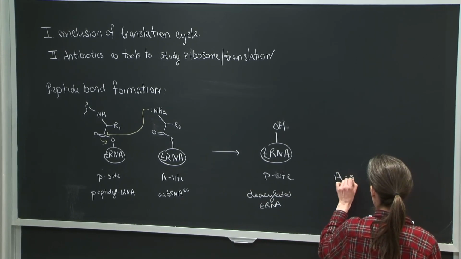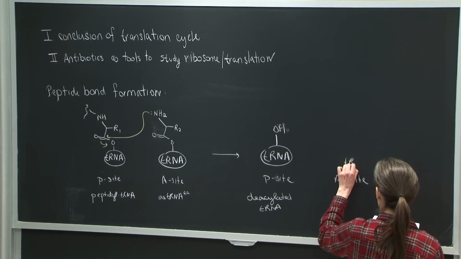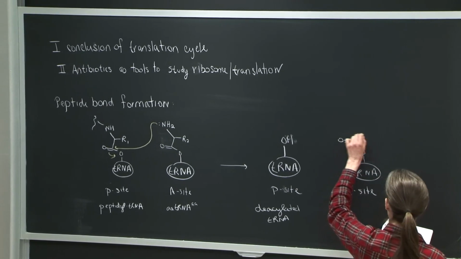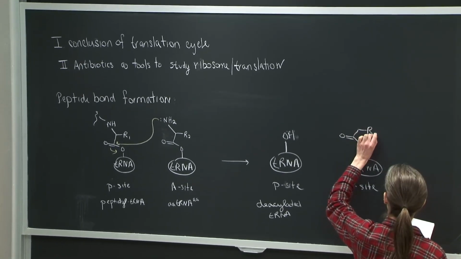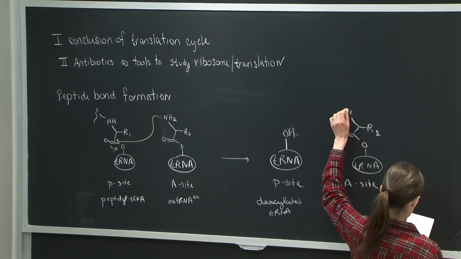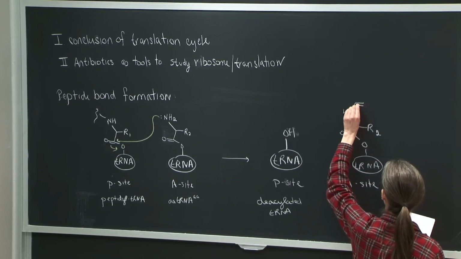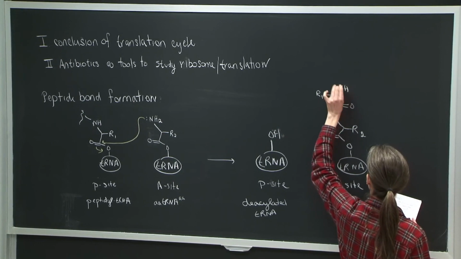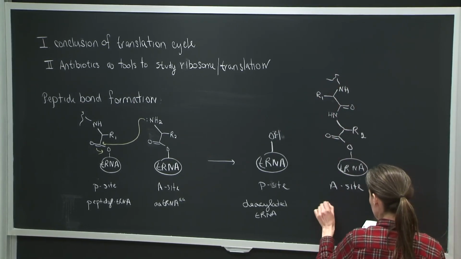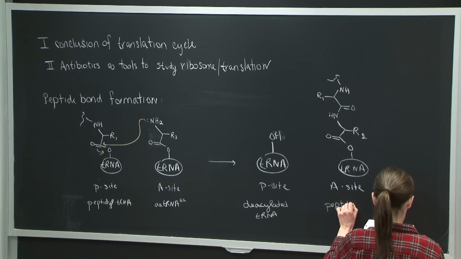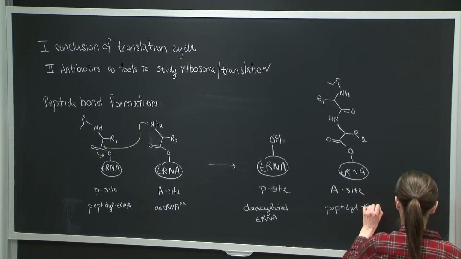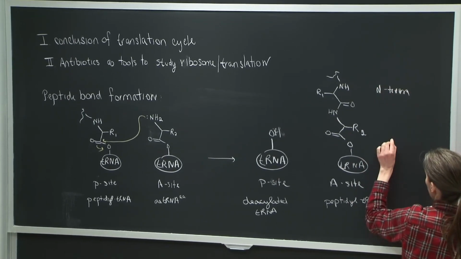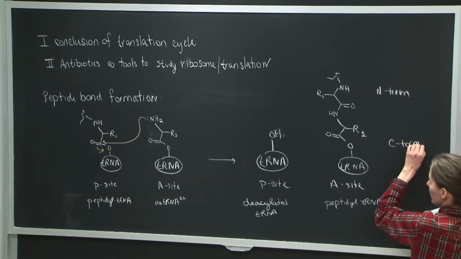And in the A site, we now have the peptidyl-tRNA that has grown by one amino acid monomer. So this is the N-terminal end of the polypeptide, and here's the C-terminal end.